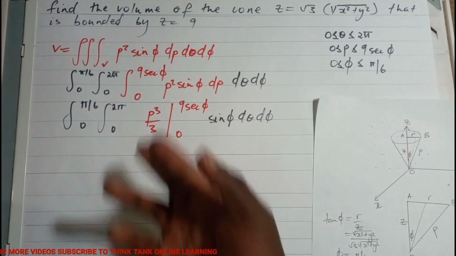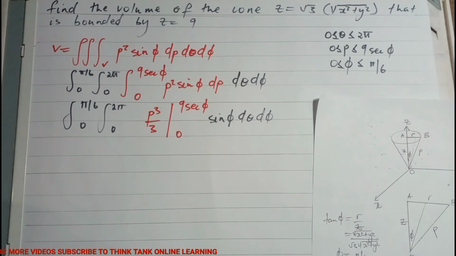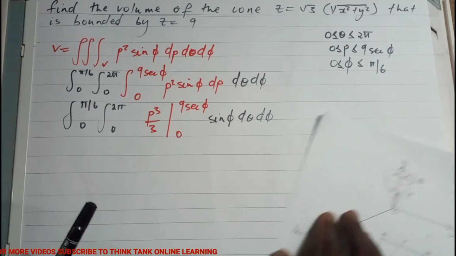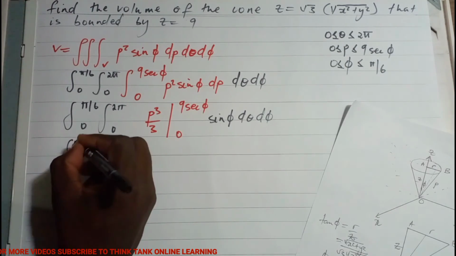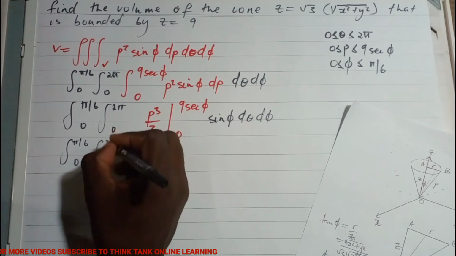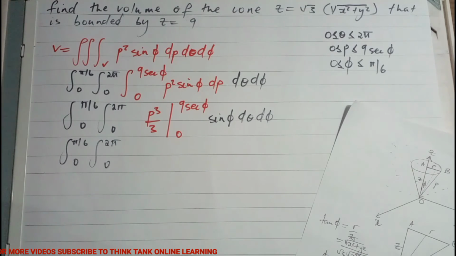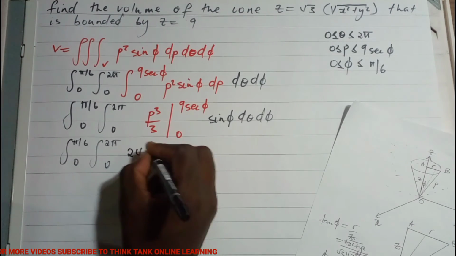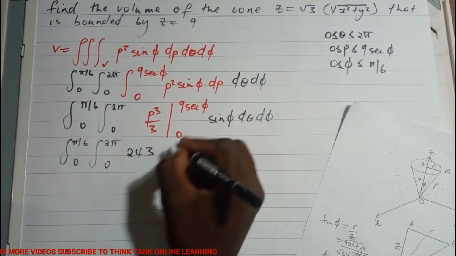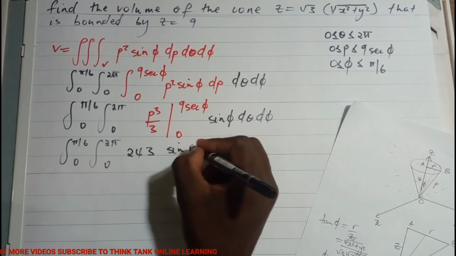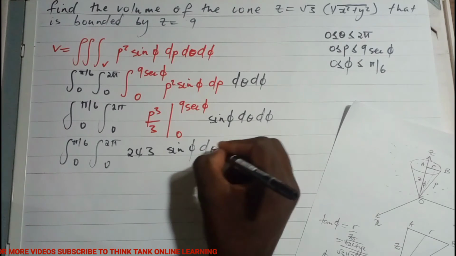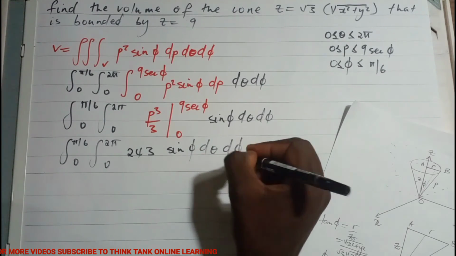Then we take upper bound minus lower bound, and since 0 is our lower bound, we have 9 to the power 3, which is equal to 243. So we have 243 sine phi d theta d phi.